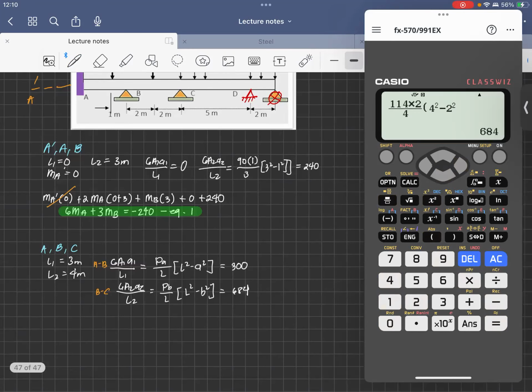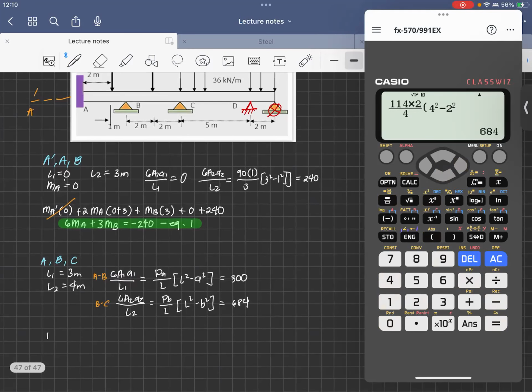Then write the equation. MA times L1, which is 3, plus 2MB times L1 plus L2 plus MC times L2 plus 6A1A1 plus 6A2A2 equal to 0.